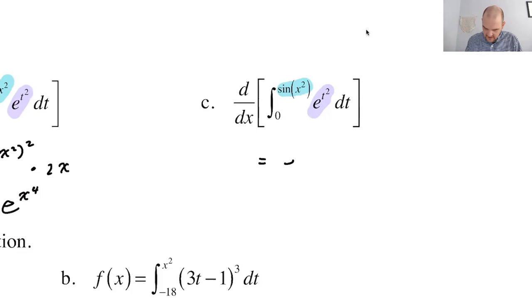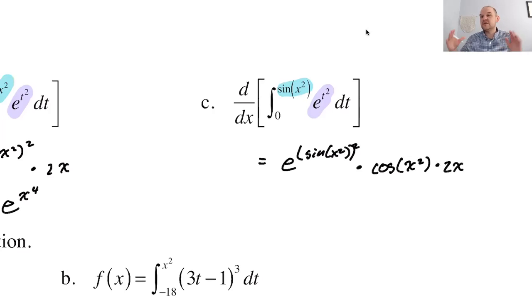So this is going to be e to the upper bound squared, right? Every t becomes the upper bound, so it'll be sine of x squared, squared. Too many, not enough parentheses actually. Times the derivative of the upper bound. The derivative of sine of something is cosine of that thing times the derivative of that thing, because we keep going with the chain rule.